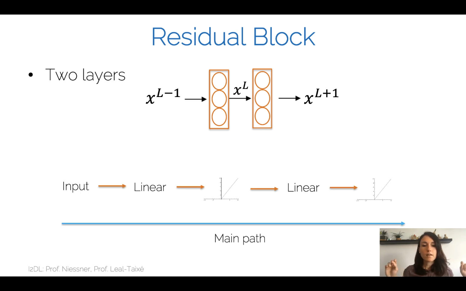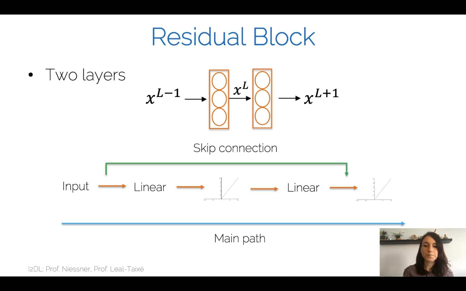Now, we have simplified these operations with this sketch here of this linear operation, nonlinearity, linear operation, nonlinearity, one happening after the other. And now in the forward path, of course, we have to go through all of these operations. So this is the main path of computation. We have to go through each of these operations.